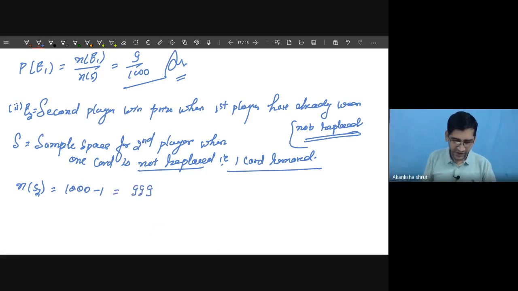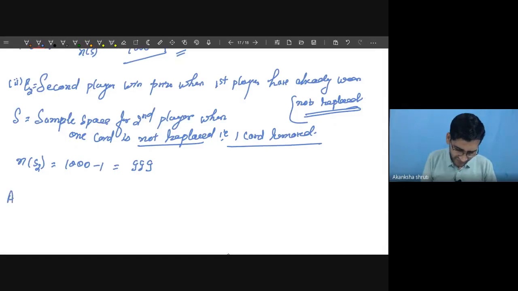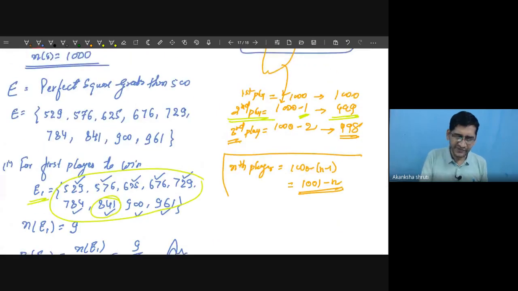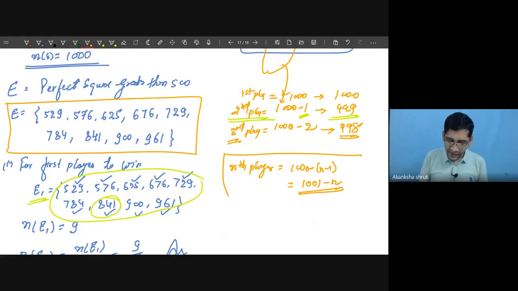It is one thing. Also, the event by which the second player can win. So he also has to choose from the perfect square numbers that we have written here. You may mark them. But from these perfect square numbers, one of the numbers has already been taken out.